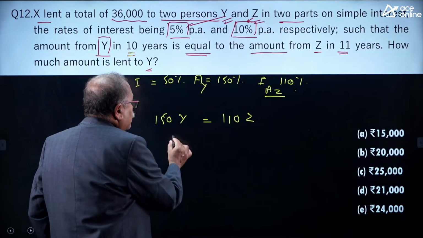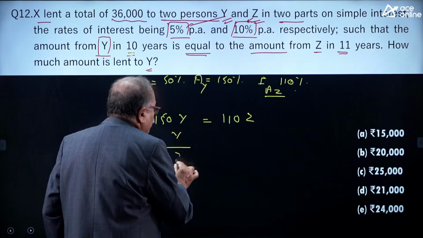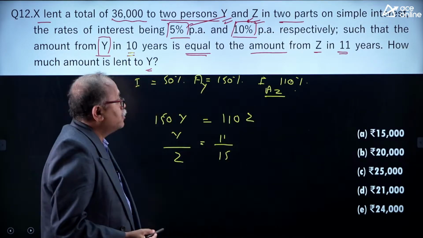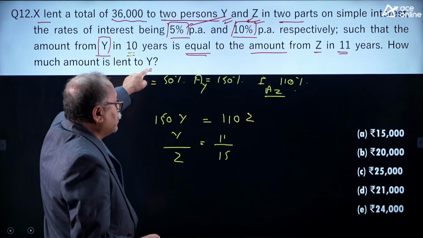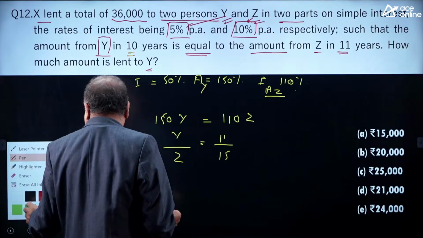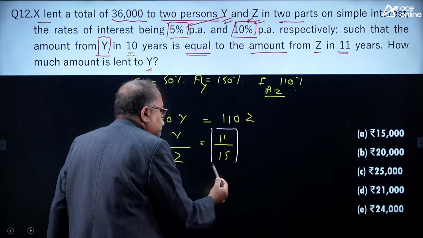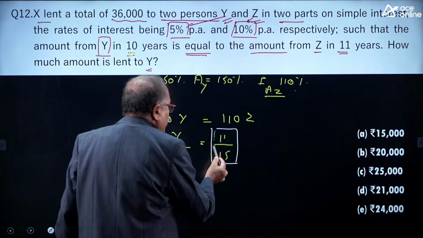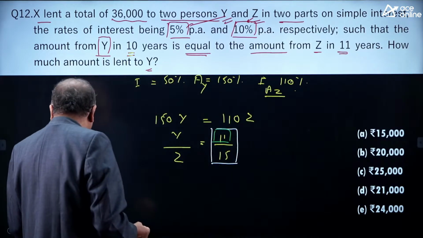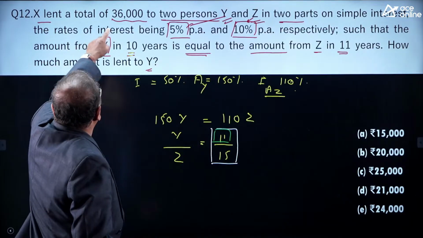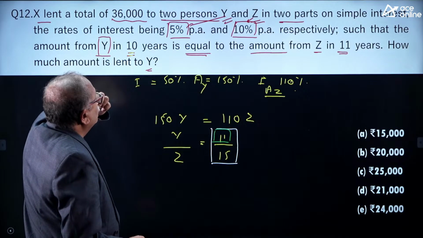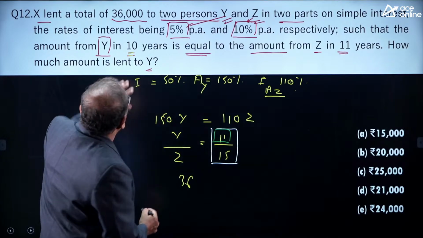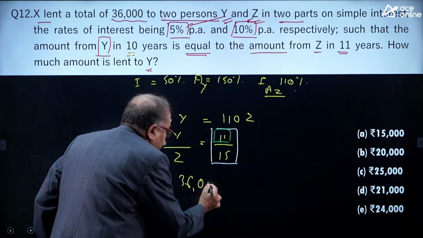So, what I get is the ratio of Y to Z, which is nothing but 11 by 15. What I need is how much in Y. So, the total number of parts are 26, out of which I need to find 11 parts. The total investment is 36,000.